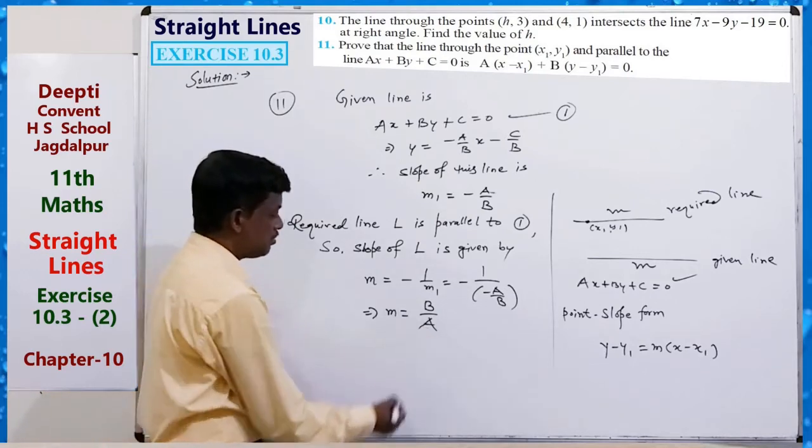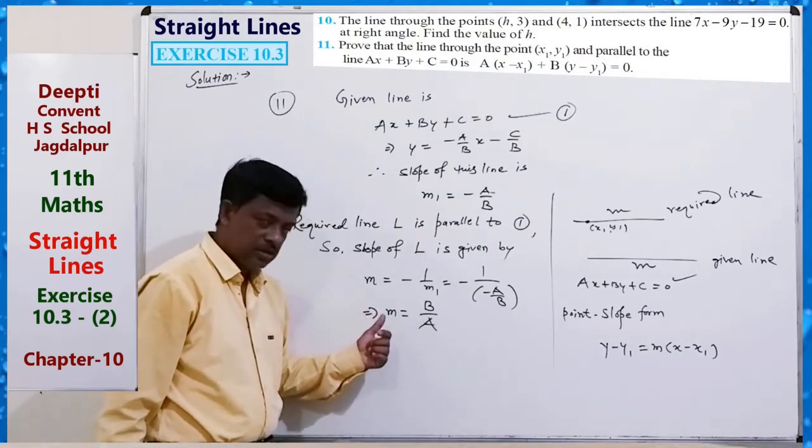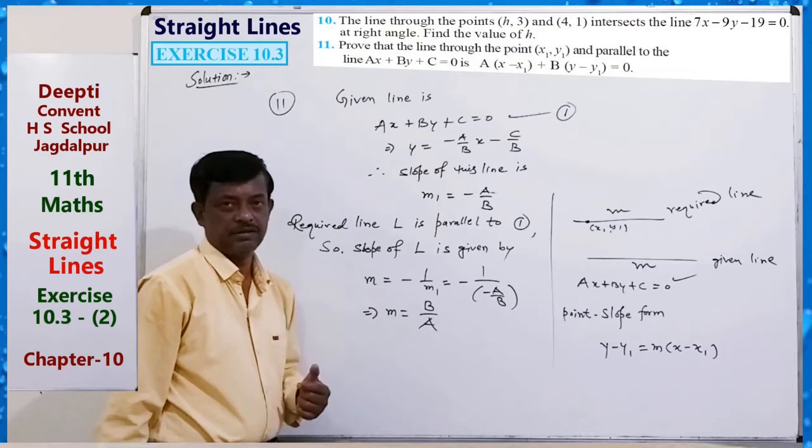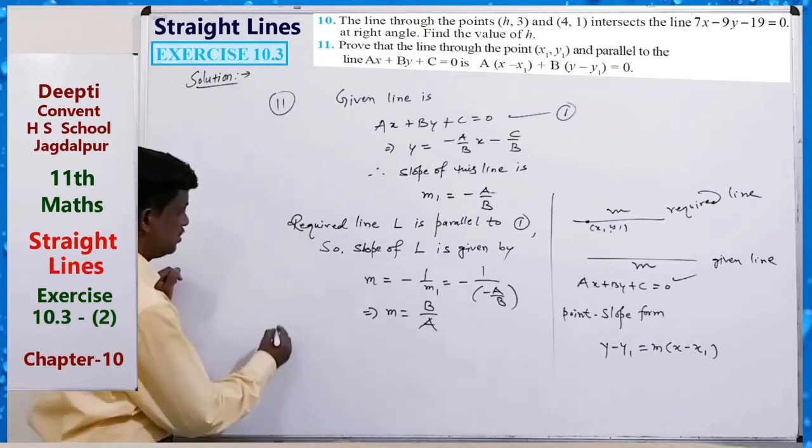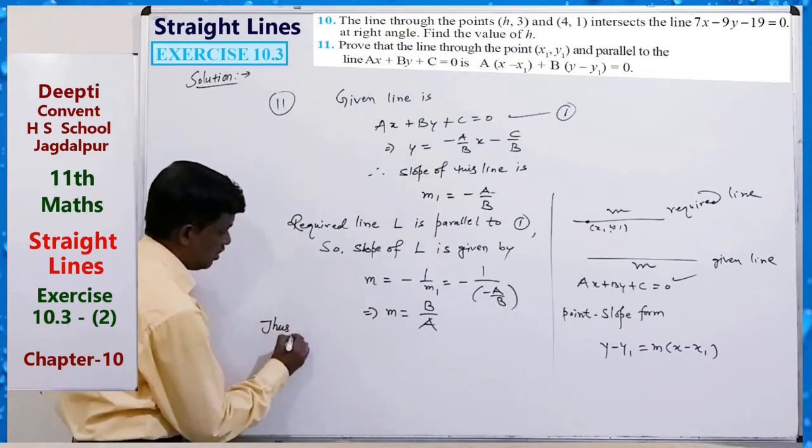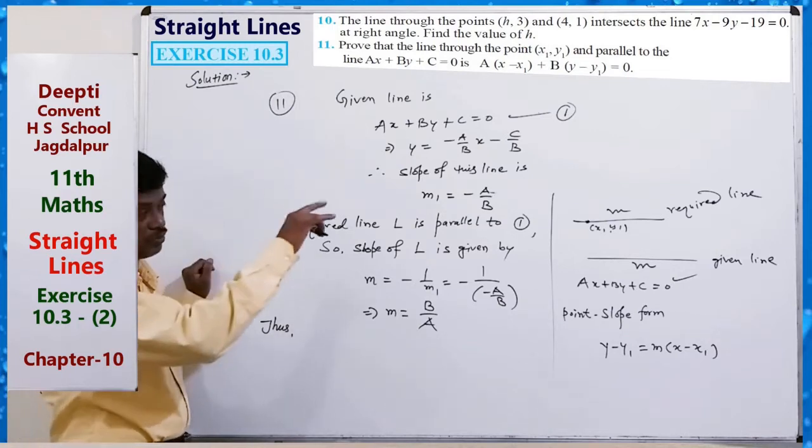Okay, so this is the slope of our required line, and the required line is also passing through (x1, y1).